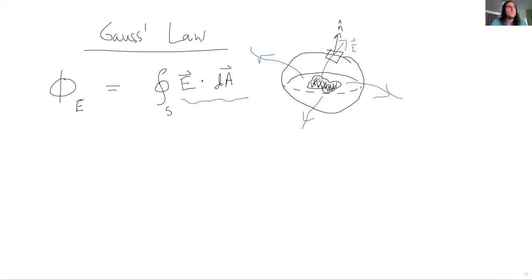Why there has to be some charge distribution inside, given this picture here, with these electric field lines and this surface? And so the electric flux here would be positive. It would be a positive number. It would not be zero. It would not be negative. Does anybody have an explanation?